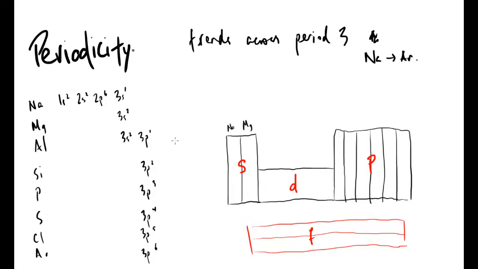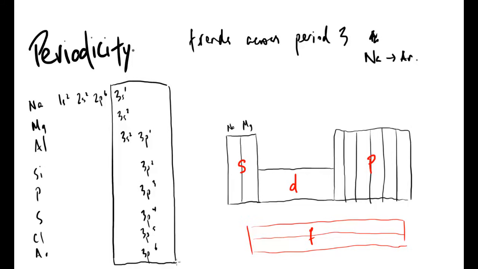So that's fairly straightforward. Now what's quite important is the realization of how the electron configurations really affect the various properties, and a lot of it is to do with the electrons, the properties that we see across period 3.